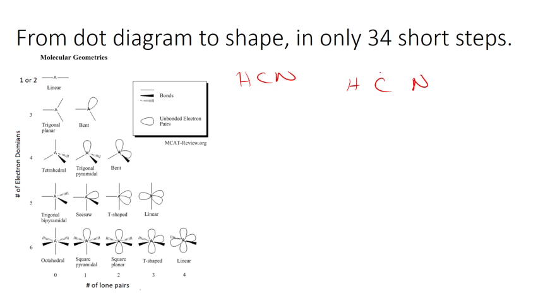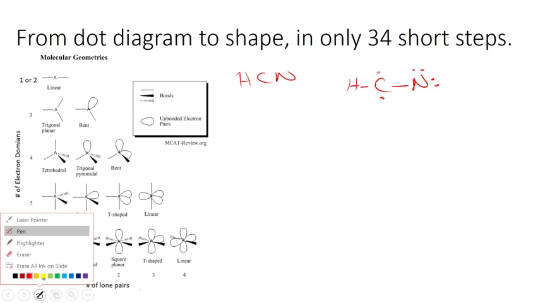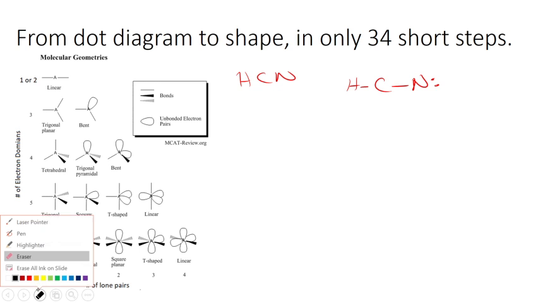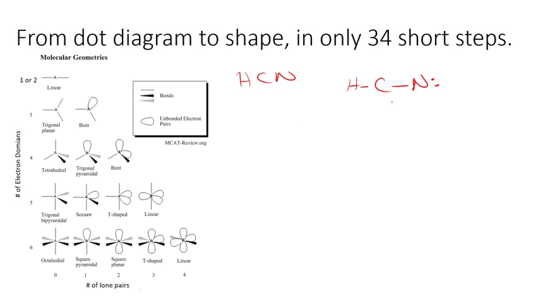We have our 4 and our 5 electrons, right? But there's not a full octet around either nitrogen or carbon. We want to use some electrons to make some extra bonds. So we are going to use 2 electrons from carbon, 2 electrons from nitrogen, and make a triple bond.